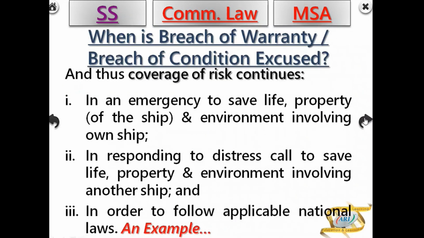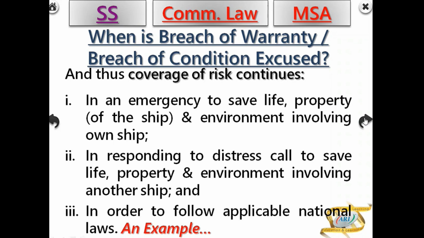And finally, just like deviation, and also a very common question in your written exam: when is a breach of a warranty or a breach of a condition excused? Just like deviation, three elements. Number one, in case of an emergency to save life, property, and the environment involving own ship.